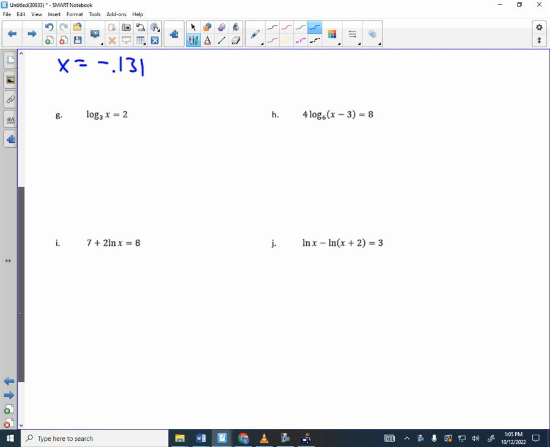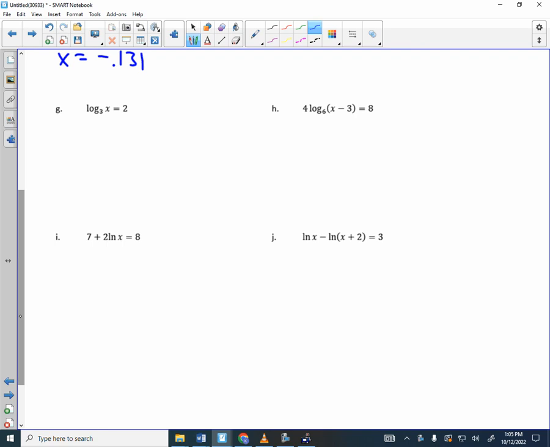We move on to letter G, and we will also do letter I. Can somebody tell me, how do I get rid of log base 3? I create a base of 3. Remember that? So if I create a base of 3, what's going to happen?